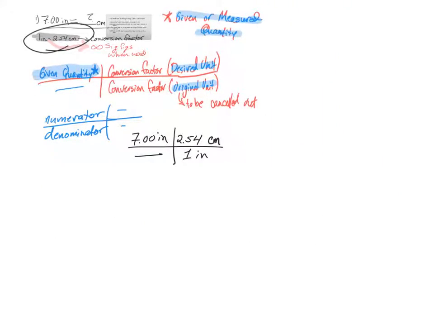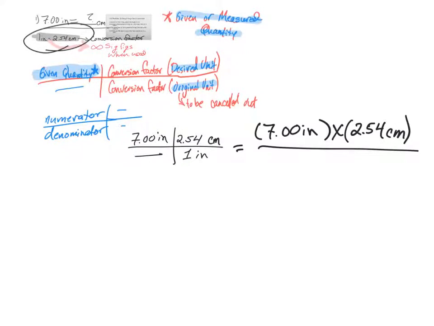And the way that this works going forward is that this ultimately can be written like this: 7 inches in parentheses times 2.54 centimeters, also in parentheses, divided by 1 inch in parentheses. I like to use parentheses. It makes things clearer and makes you less likely to make mistakes when using your calculator.